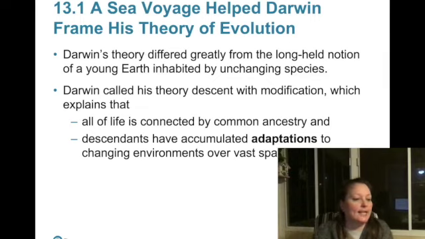It's not like the kid is born and goes, oh, this area is really hot, and then all the hair fell out. It's more like that kid might have been super hairy, and then they're in a very hot area, and so their kids had a little bit less hair, and then those kids had a little bit less hair, over a long period of time until suddenly they don't have hair. And why did I use that as an example? I don't know. It's just the one that popped into my head.